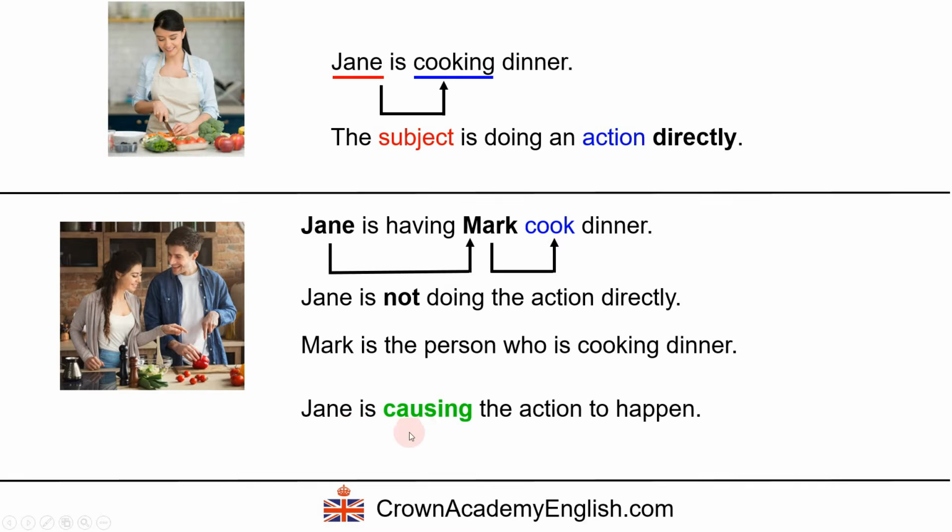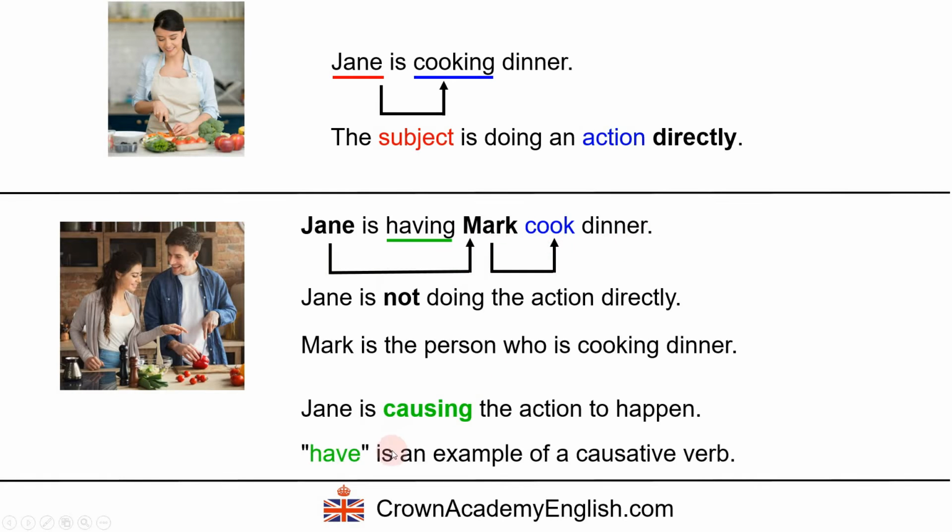And Jane is causing the action to happen. So Mark is doing the action and Jane is causing Mark to do the action. In fact, this sentence means Jane is asking Mark to cook dinner or telling Mark to cook dinner.